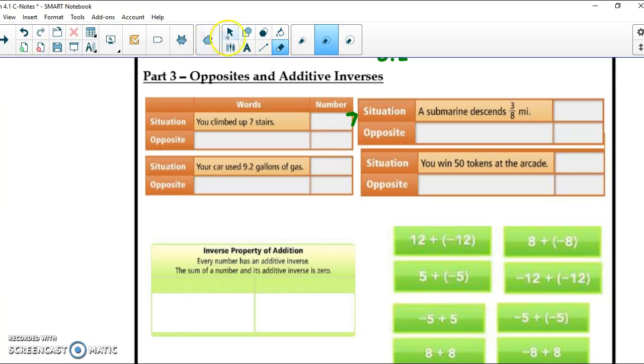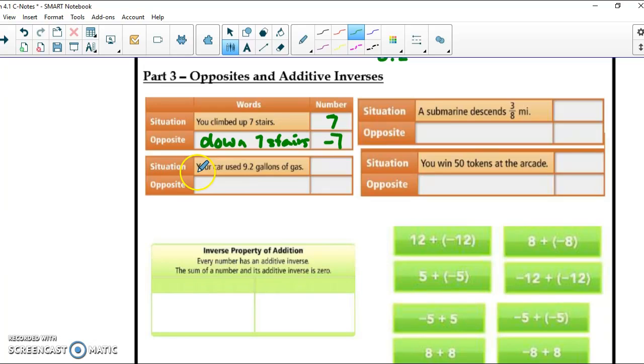So whether or not I put that plus sign doesn't matter too much because we all know that 7 means +7. So the opposite of climbing up 7 stairs would be walking down 7 stairs. And as a number, going down 7 would be -7.